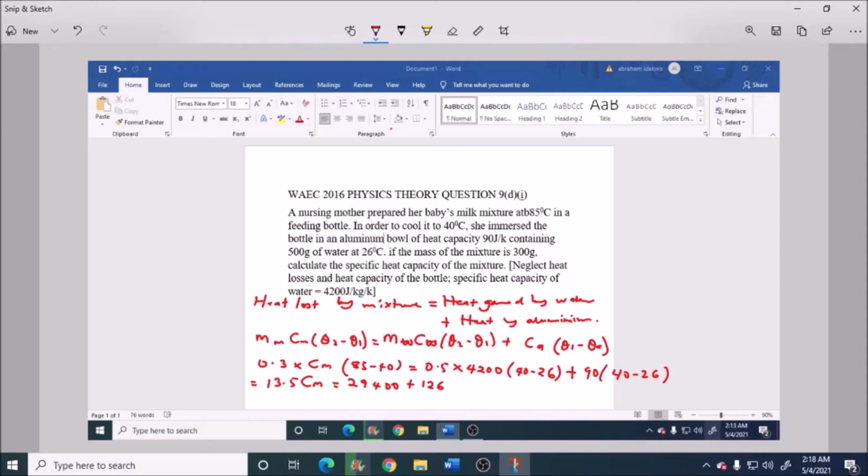If you do that, we would have 2271.1 joules per kilogram per Kelvin. So that's the specific heat capacity of the mixture.